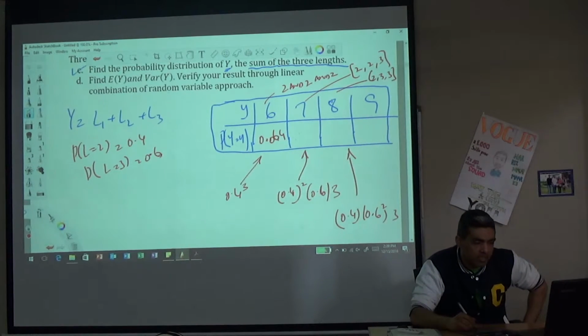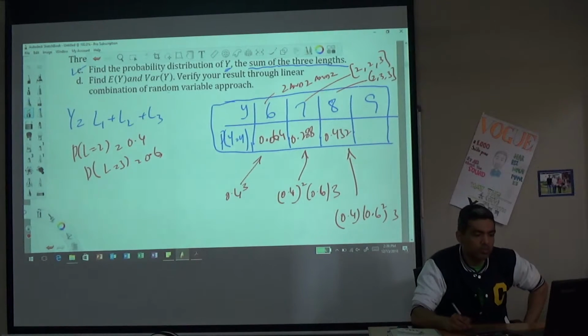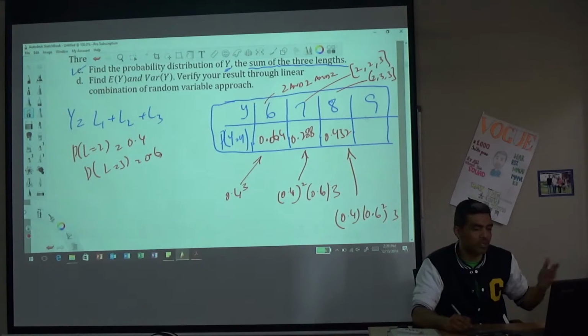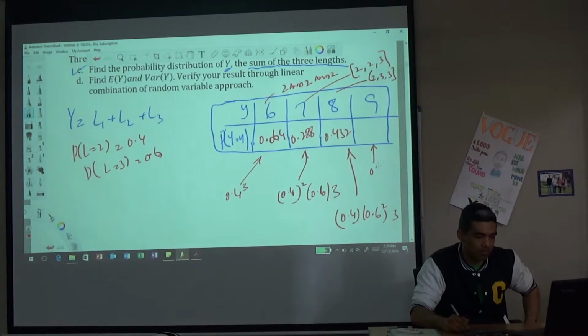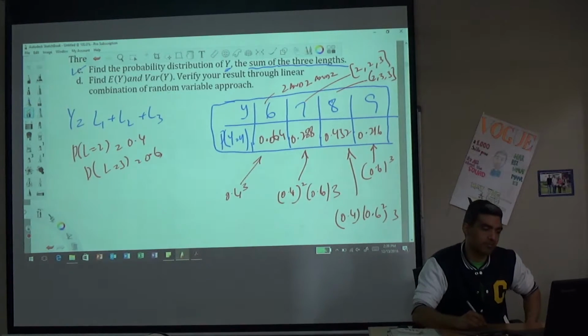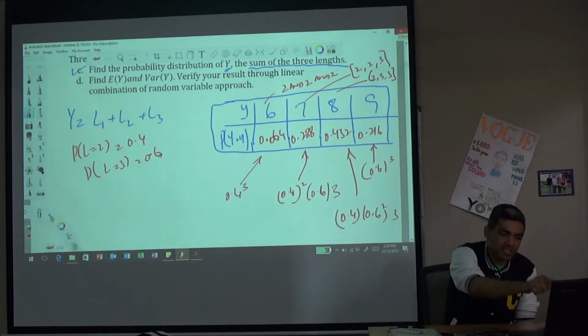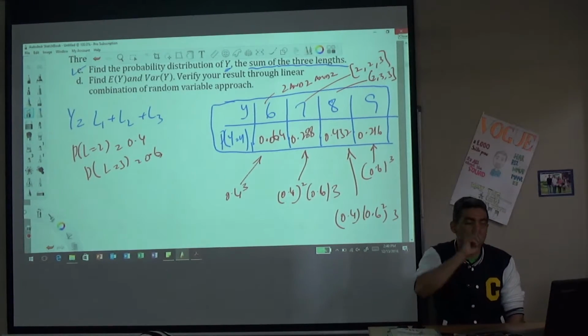What's the answer for this one, by the way? Exactly, 0.288. And this one? 0.432. And 9 is 3, 3, 3, and there's only one instance of it, so that's 0.6 cube. 0.216.